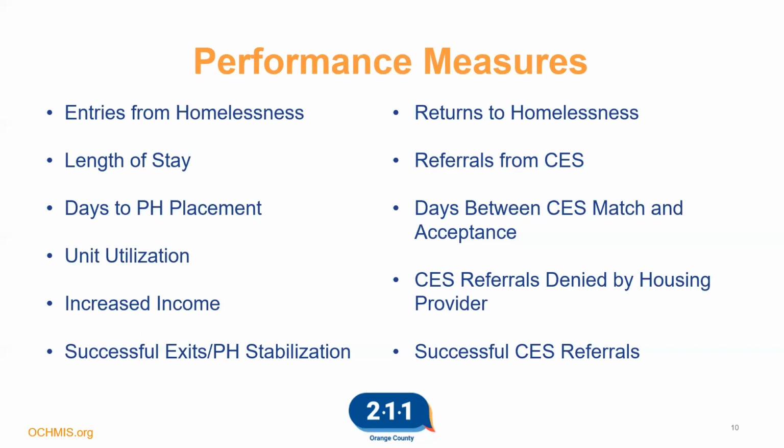To piggyback off of what you just shared, that was one of the things that came to mind on days to permanent housing and the biases that our teams are trying to overcome with landlords.